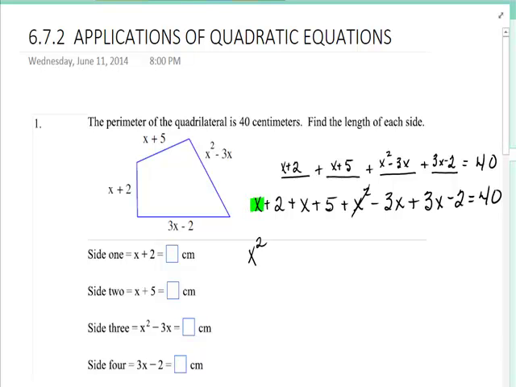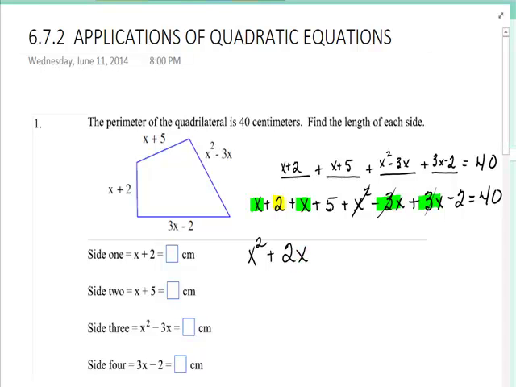I have this one, this one, this one, and this one. x and x is 2x, minus 3 is negative 1, plus 3 is back up to 2. Something you could say is these cancel each other out, and all I have is 2x.